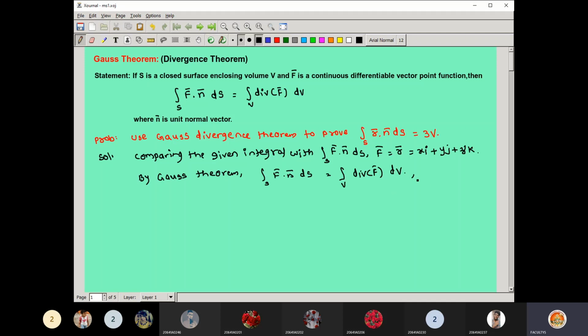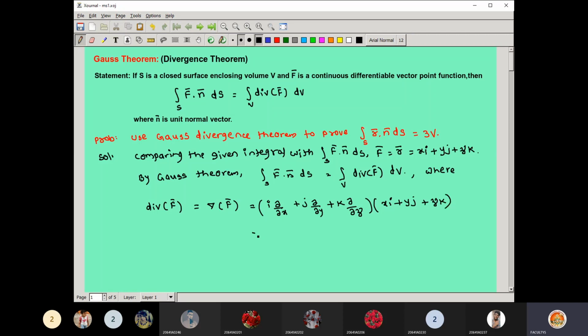To enter into the right hand side, I need to calculate the divergence of f bar. The divergence of f bar is simply called del dot f bar. The definition of del is i dou by dou x plus j dou by dou y plus k dou by dou z. F bar is already given as xi plus yj plus zk.